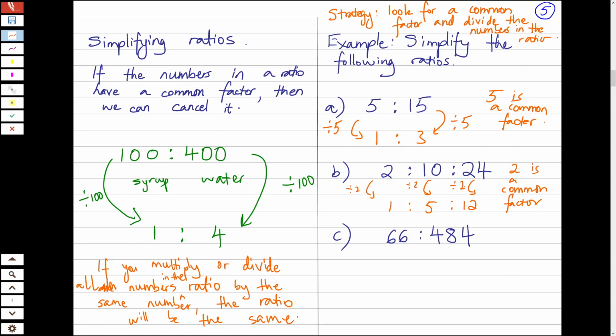Okay, and just because I can, I've put one with big numbers in there. So can you identify a common factor here? No, 4 doesn't go into 66. Do you know that 11 goes into 484?